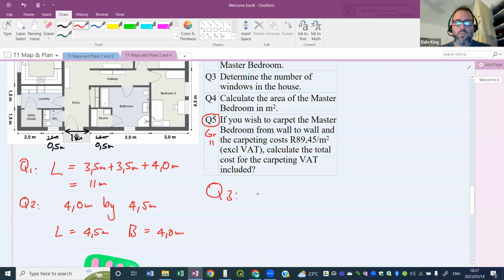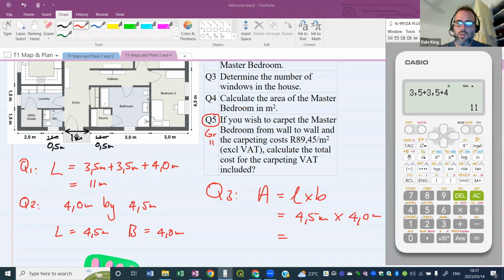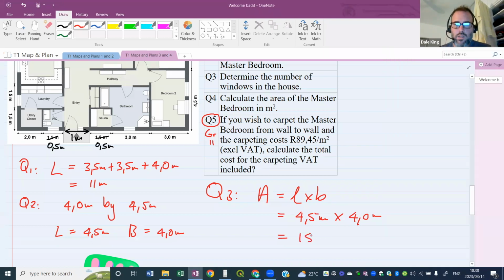The area of the master bedroom, area is length times breadth. I've got my dimensions from question 2. The length is 4.5 meters. The breadth is 4 meters, or the width. Multiply together, get the calculator to do the work. 4.5 times 4. Nice and easy, 18. All right, 18 meters squared.